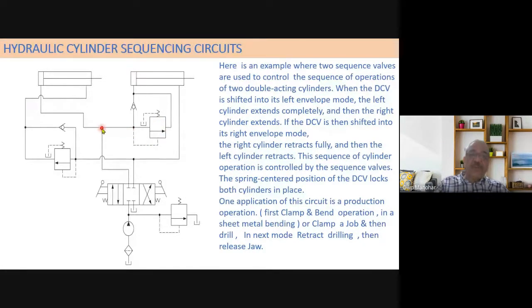The pump flow will be connected to the cap end of cylinder B. Remember, when the cylinder completely extends, the pump flow will not be able to push any further, so pressure will rise because it is completely extended. This increase in pressure is given as a signal to the sequence valve through a pilot signal here.